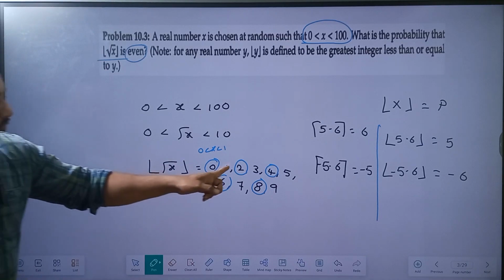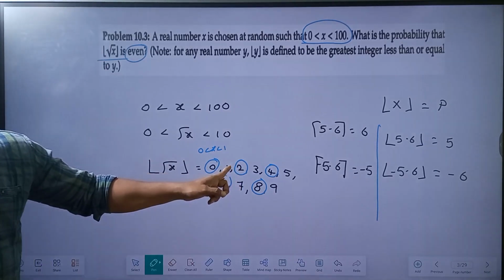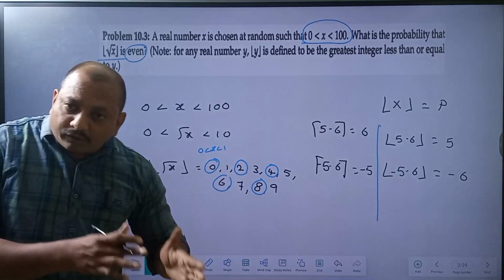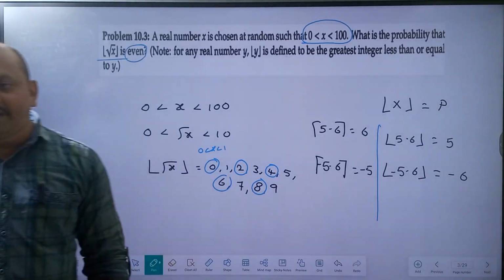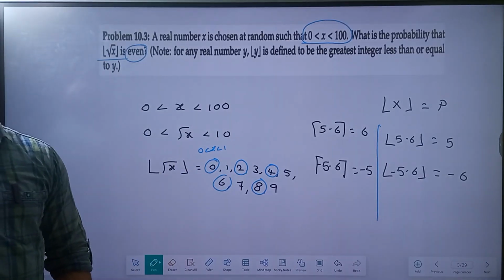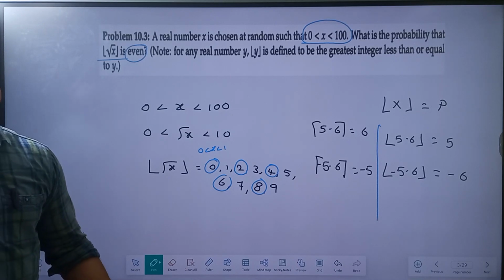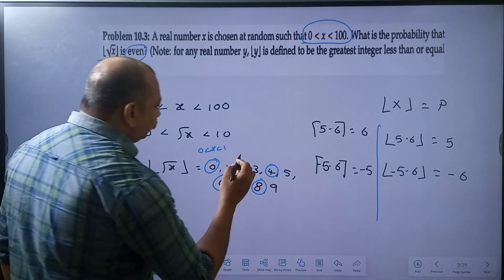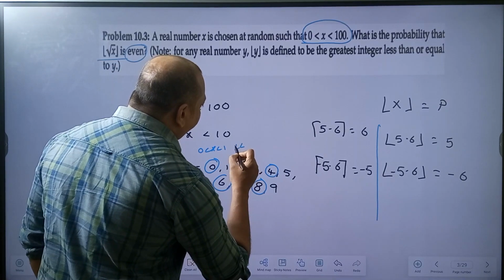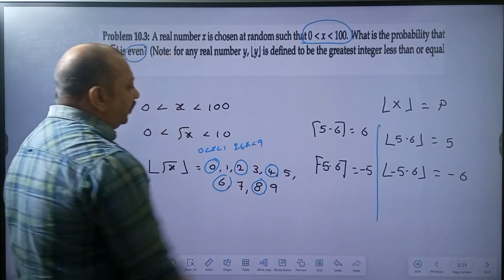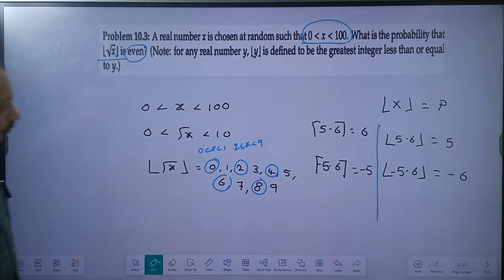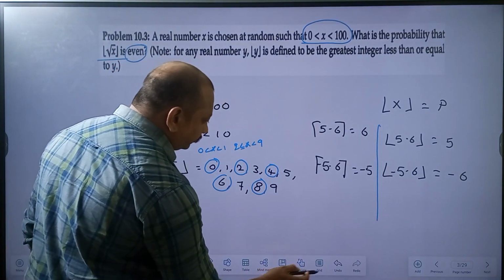And for 2, root x goes from root 4 to root 9, that is, x is from 4 to 9. So in this case 2 less than x less than 9. Sorry, 4 less than or equal to x, that is root 4.